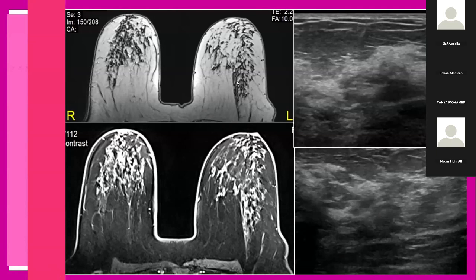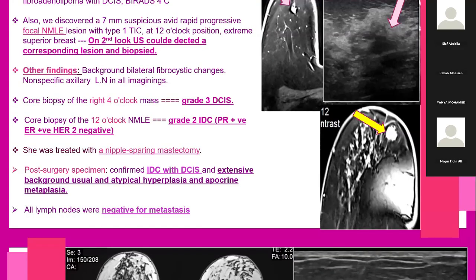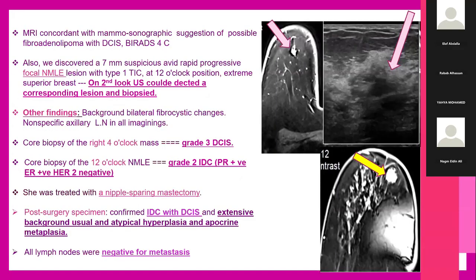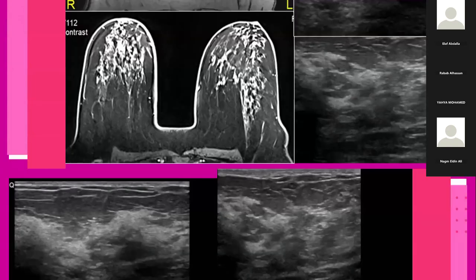Can you see on MRI how it is coarse here, even in post-contrast and anatomical sequences. That makes the evaluation of imaging challenging with such type of parenchyma. It can explain the extensive background usual and atypical hyperplasia, the diffuse bilateral hyperplasia associated with such textures.